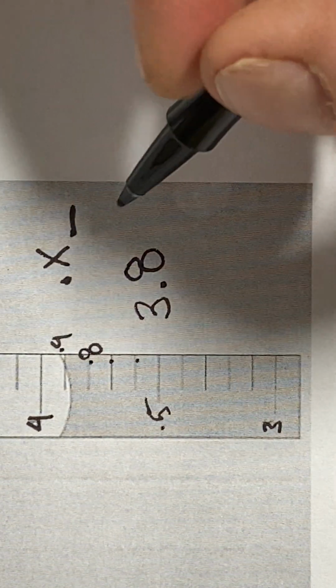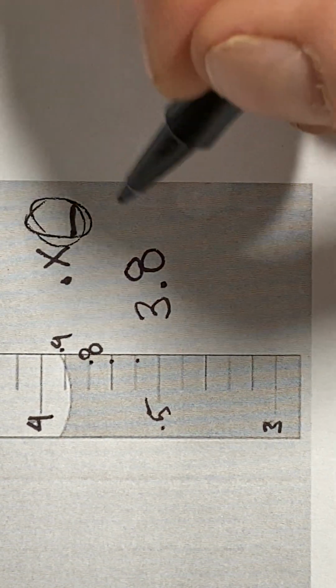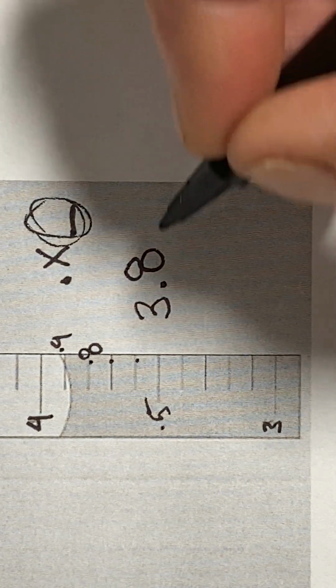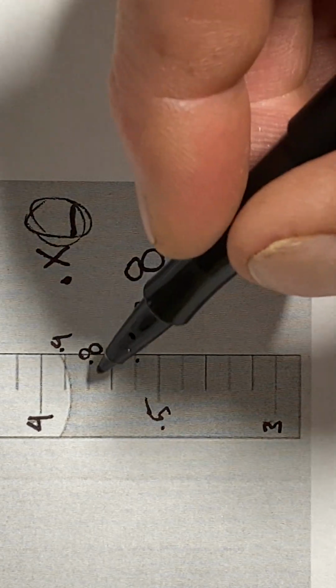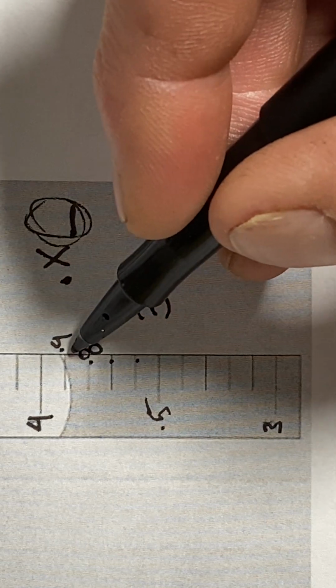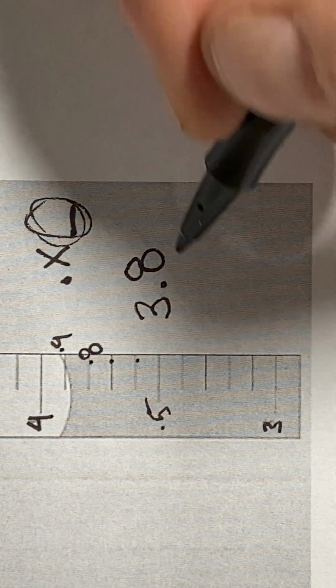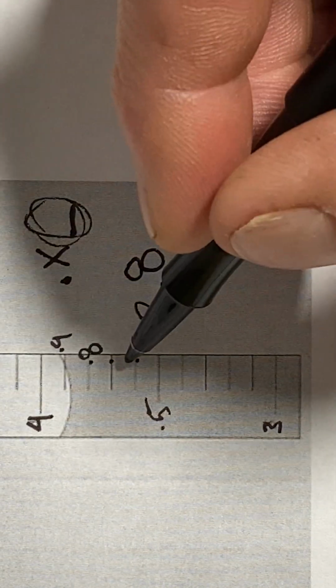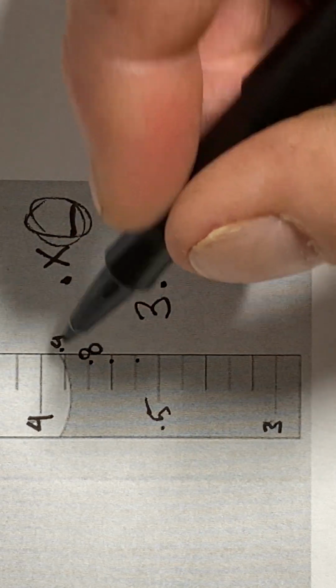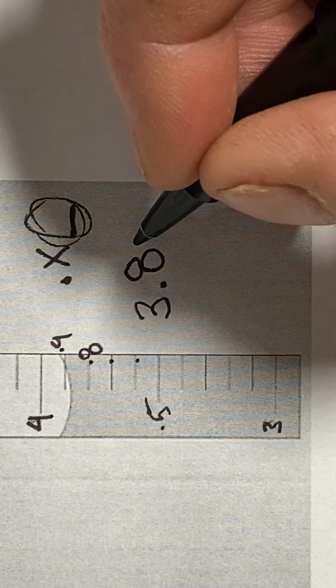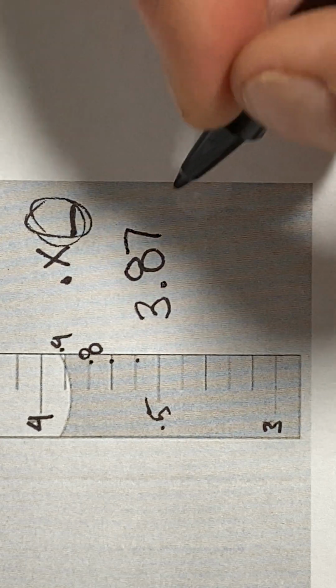So this is where you take your guess at this one here. And you can put any number you want there. If you think that that's about halfway between the 0.8 and the 0.9, you could say maybe 3.85. To me, that looks a little farther along than 0.5. I'd probably call this like 3.87 or something like that.